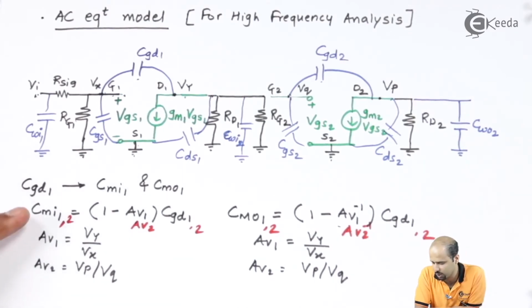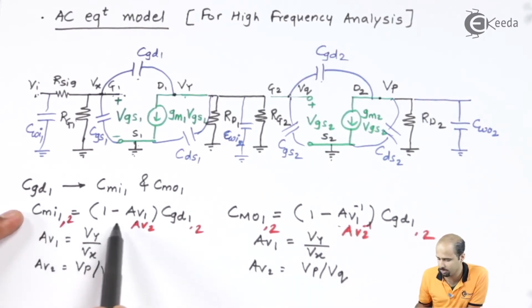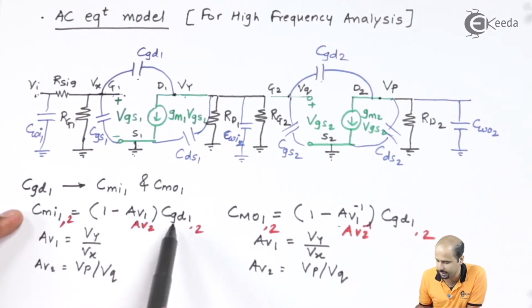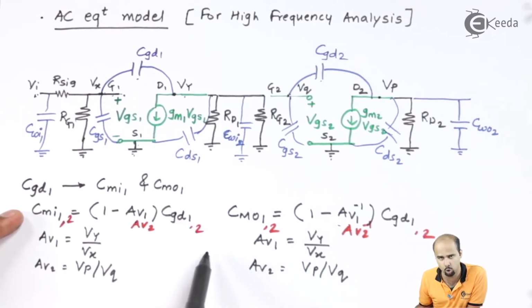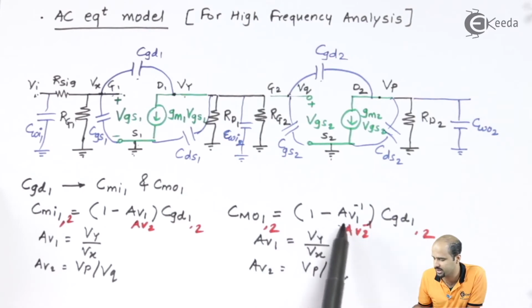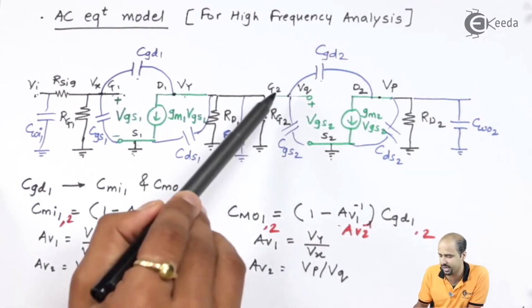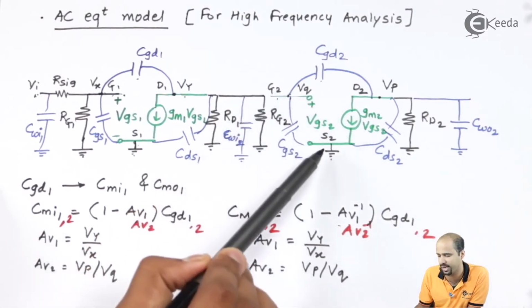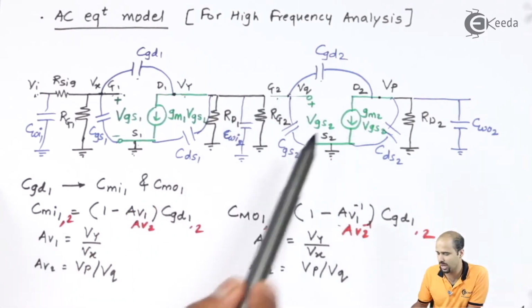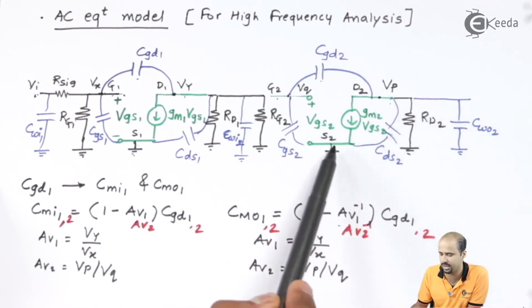Once we get the value, CMI2 will become 1 minus AV2 multiplied by CGD2. Similarly, CMO2 is equal to 1 minus AV2 inverse multiplied by CGD2. CMI2 I will connect between G2 and S2, and CMO2 I will connect between D2 and S2.